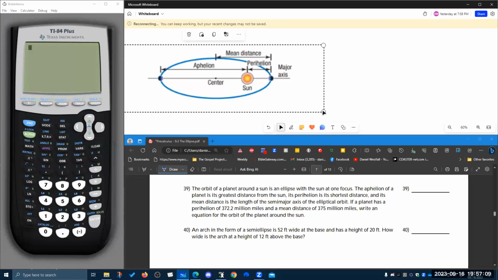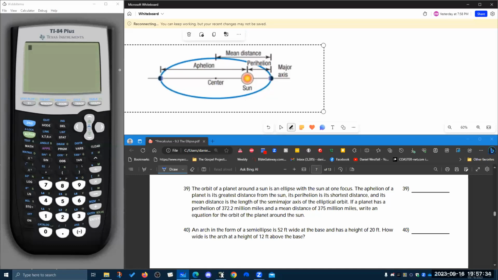And the distance from the center to the sun, that's going to be C because the sun is one of our foci. So let's see if I can get this going here for you. We're going to let all of our distances here be in millions of miles.